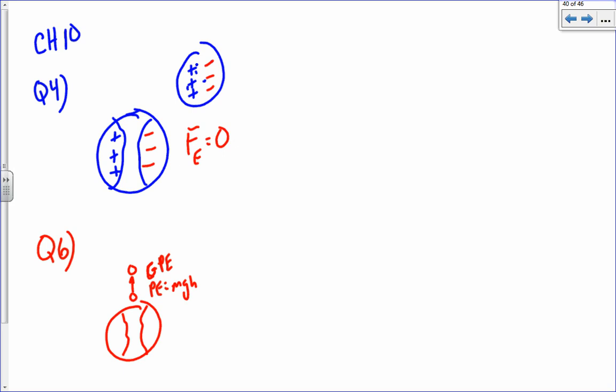And if I lift the mass a certain distance from the surface of the Earth, then it has more potential for motion. Right, that is potential energy.